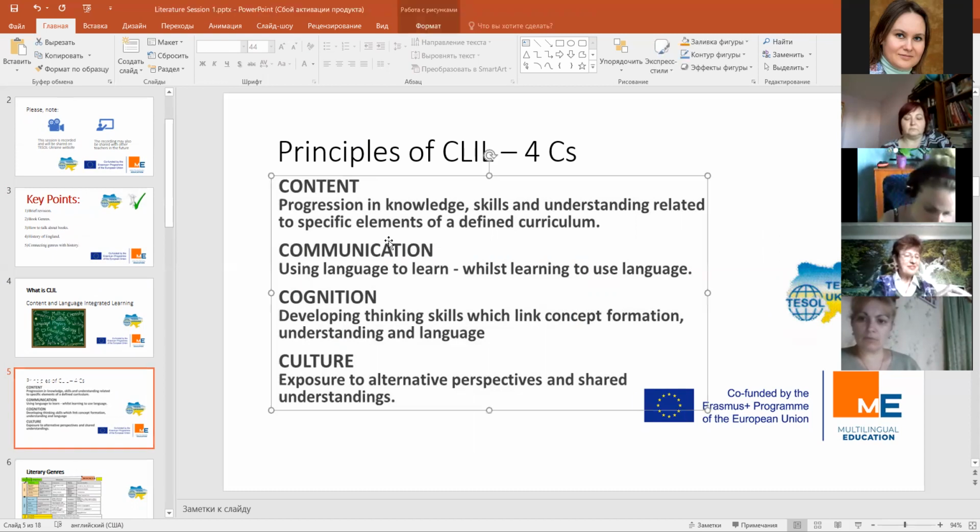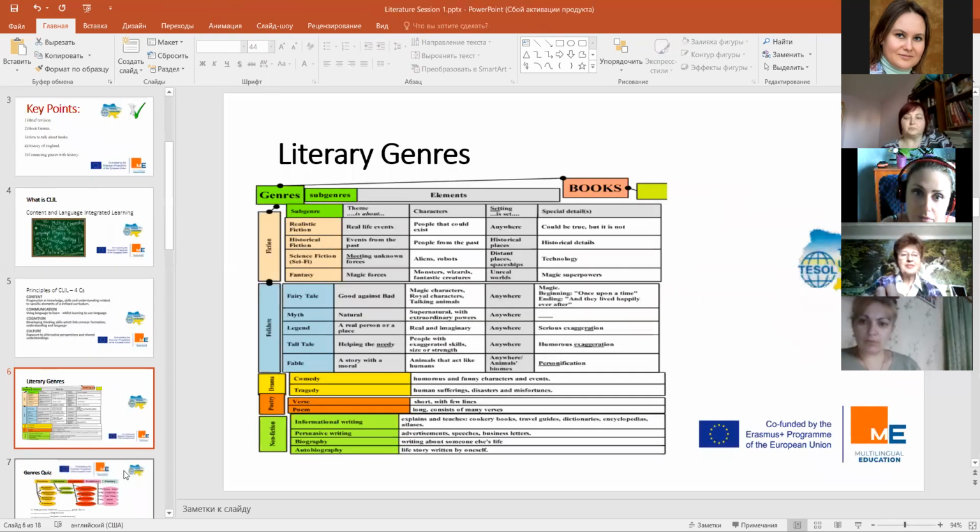So there are the 4 principles, and today we'll be following a couple of them. We'll be talking about content and about culture. Everything else is during the lesson: communication and how you develop your students' thinking skills.